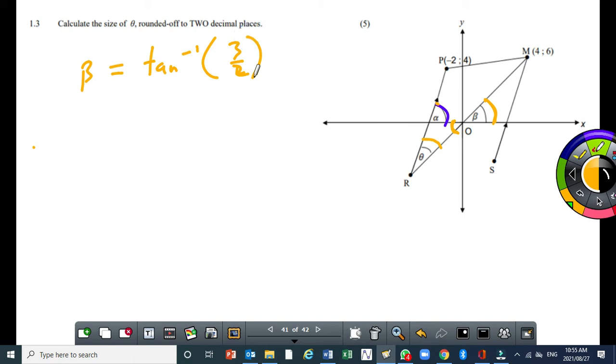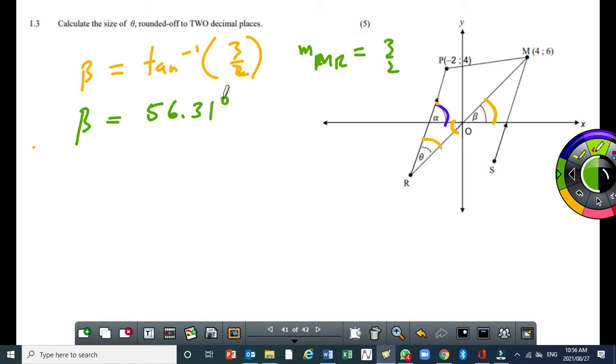This is because the gradient of MR is equal to 3 over 2. So what answer do you get? What is shift tan of 3 over 2? By the way, you're supposed to have your calculator in front of you. Don't be a spectator. Right, so that's beta.